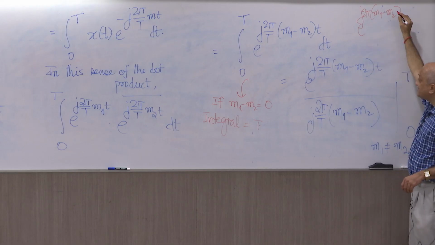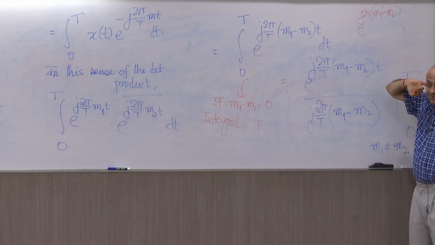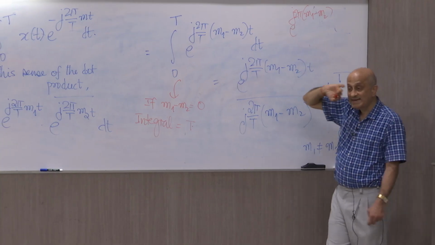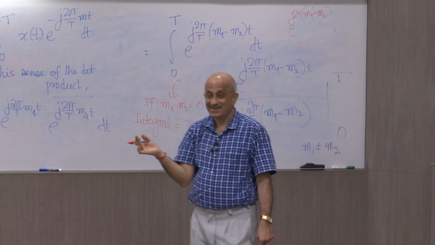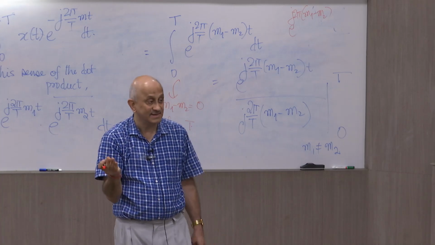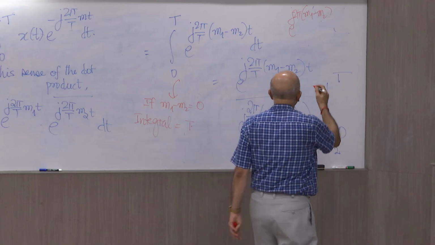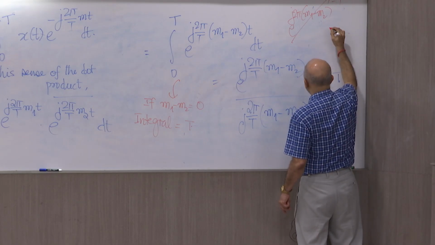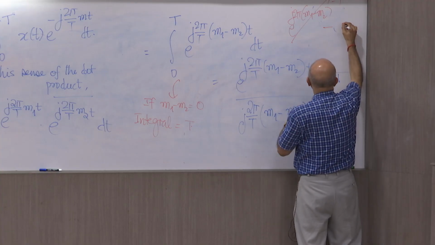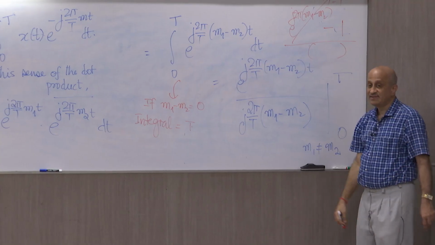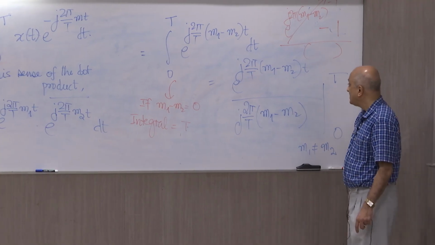How much is this for m1 not equal to m2? E raised to the power j 2 pi times an integer is 1. So this is equal to 1. And of course, when t is equal to 0, it's 1 anyway. And the denominator is non-zero. So you have a 1 minus 1.